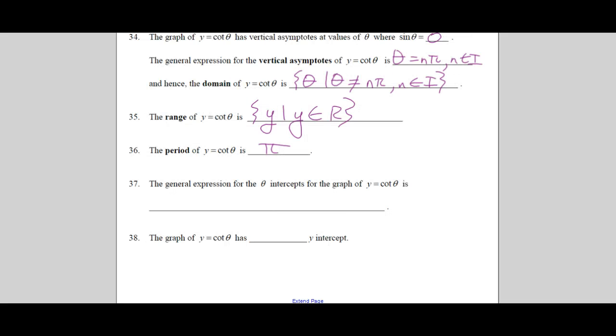So the theta intercept is theta equals pi over 2 plus n pi. And is there a y-intercept? No, there's a vertical asymptote on the y-axis, so it has no y-intercept. Is that it? It is.